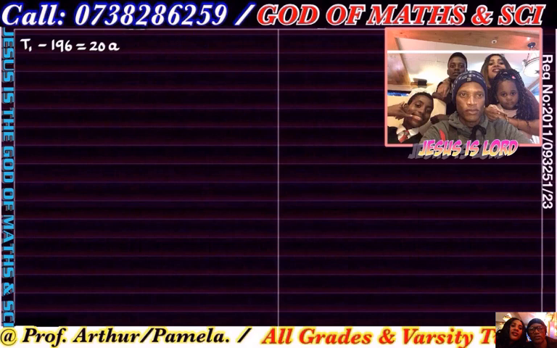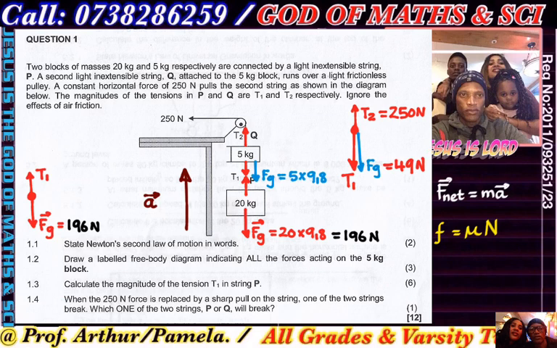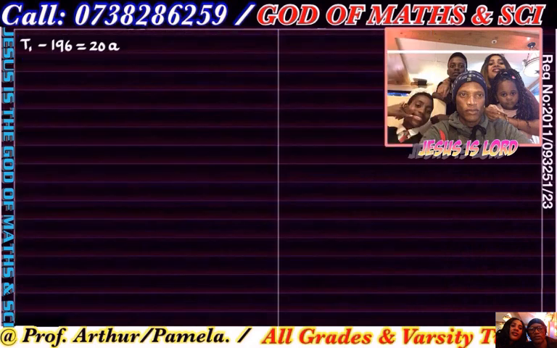Since I already know in advance there are 2 objects, we're going to have one equation and a second equation. Number 2, for this one, the block 5 kg, we'll say upward force, which is the 250, minus tension 1, minus the 49.